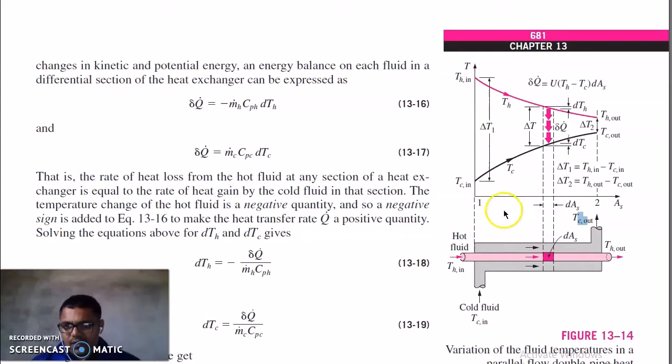This is temperature versus length. This is the temperature profile. This is delta T1, the temperature difference at inlet. So delta T1 is equal to T_H in minus T_C in, and delta T2 is equal to T_H out minus T_C out. So this is the outlet temperature difference.